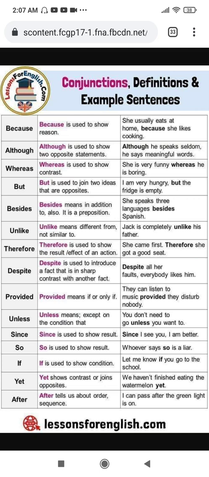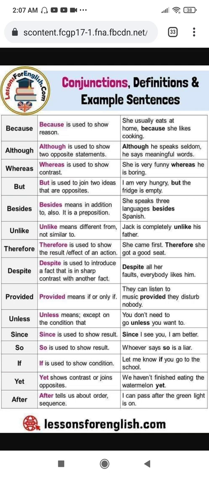Next we go to provided. Very common word, provided. Provided means if. Just keep in mind this example. I will help you provided you give me all I need.